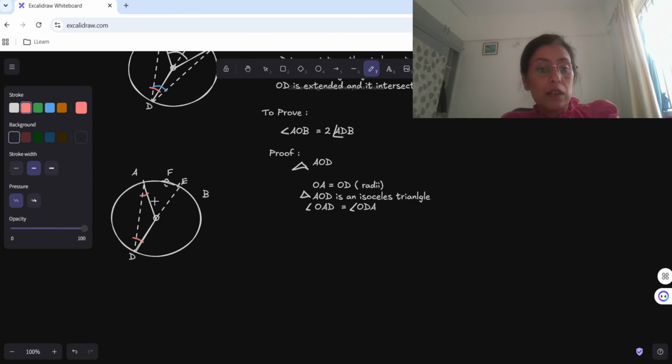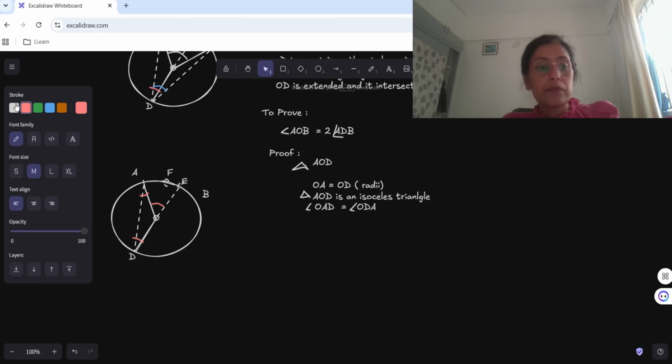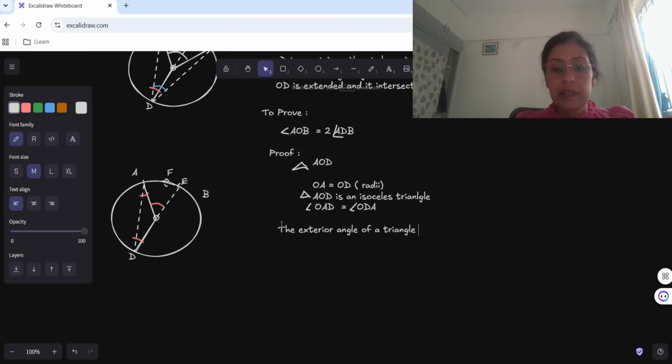So we know the property of a triangle, that the exterior angle of a triangle is equal to the sum of the opposite interior angles.